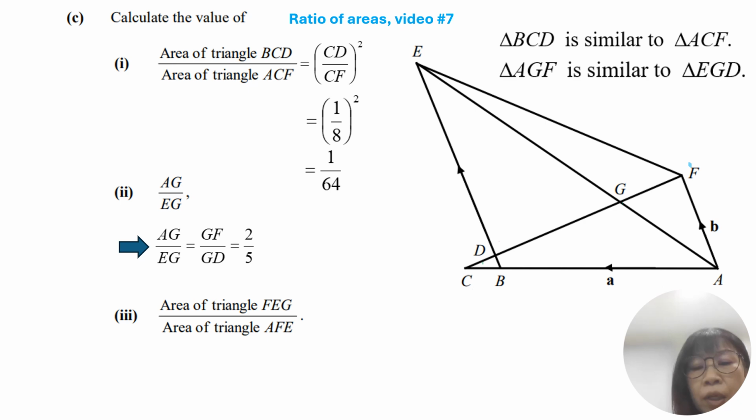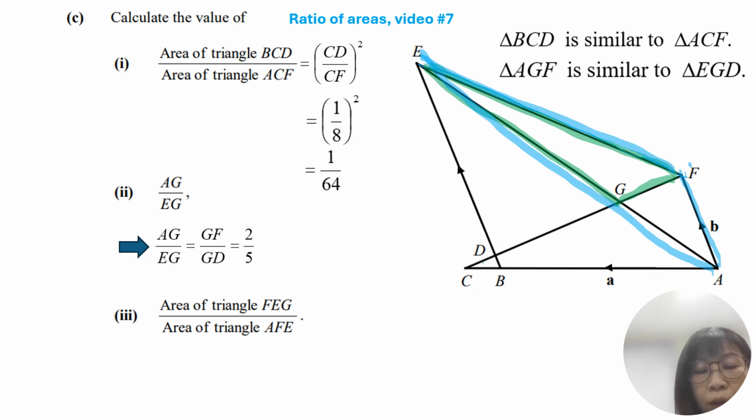Quite clearly, you can see that the two triangles are not similar. So how are they related then? FEG is here, so I have this triangle, FEG. Then triangle AFE is the bigger triangle that you can see from here in blue.